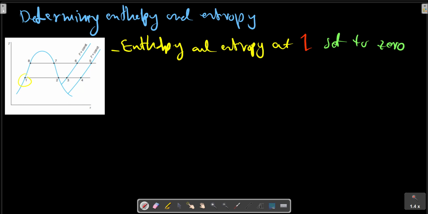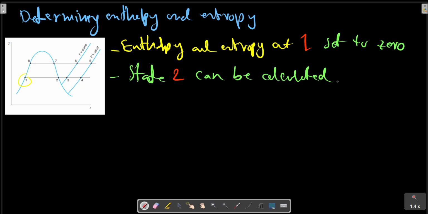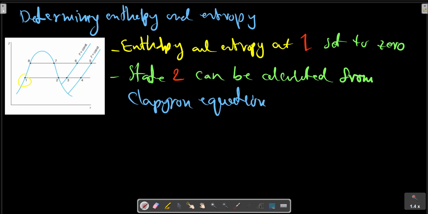The enthalpy and entropy of saturated vapor at state 2 can then be calculated from the Clapeyron equation, which relates the change of phase, s_fg over v_fg.